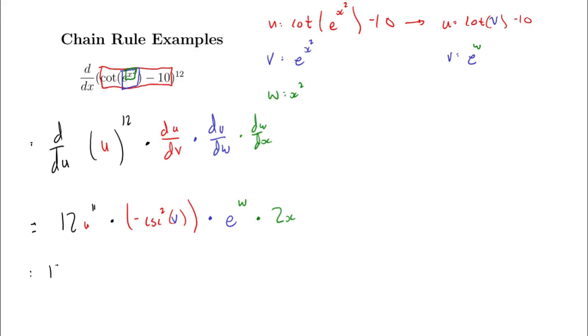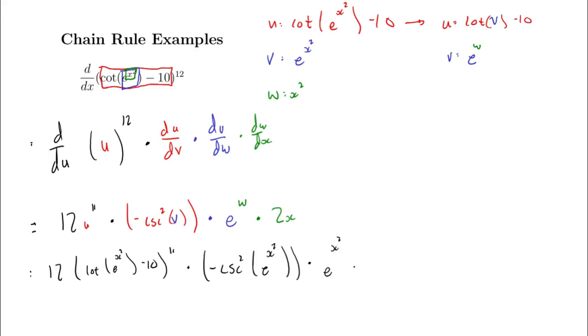So we've got 12 times cotangent of e to the x squared minus 10 raised to the 11th power times negative cosecant squared of e to the x squared times e to the x squared times 2x.